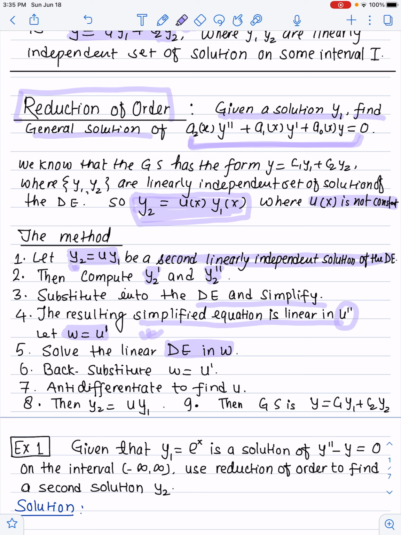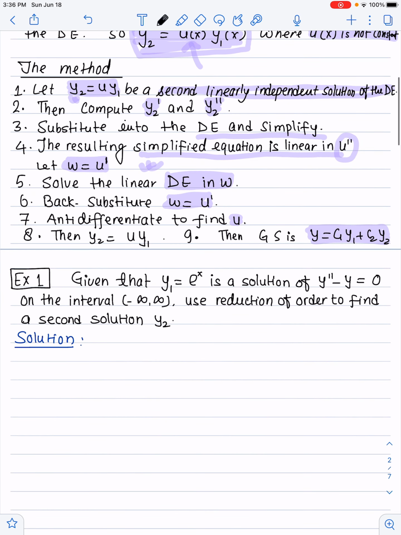Once we solve it, we get the value of w, which equals u prime, and then we take the antiderivative to find the value of u. Once we find u, we plug it in to get the value of y2. Once we get y2, we find the general solution, which is y equals c1y1 plus c2y2. So this is the method you have to remember.